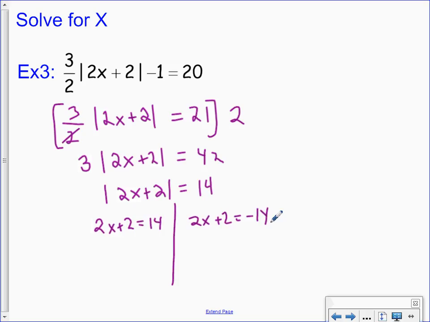What I usually do is 21 times 2 and then divide it by 3. There you go. Absolutely.